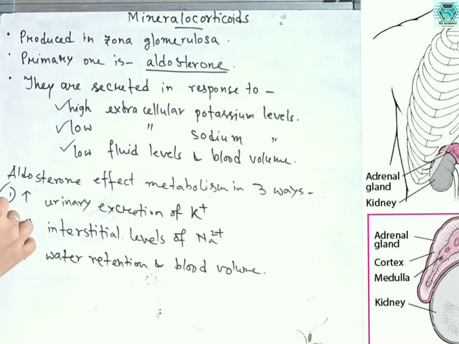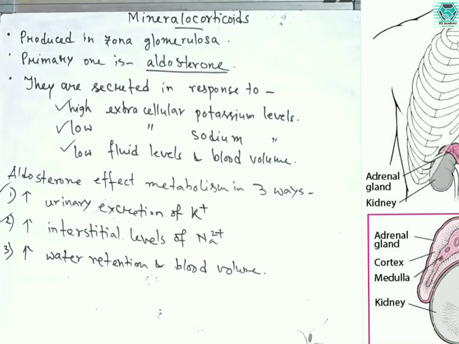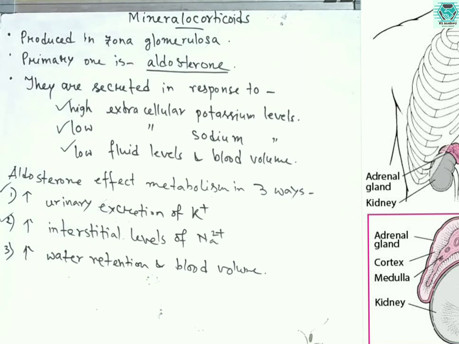As well as they increase interstitial levels of Na+ and increase water retention and blood volume. So they also help to retain water. Generally, if water is held in the body, then the blood volume rises. So these are the ways how aldosterone works, the physiological roles of aldosterone, but deep inside there is a mechanism lying.